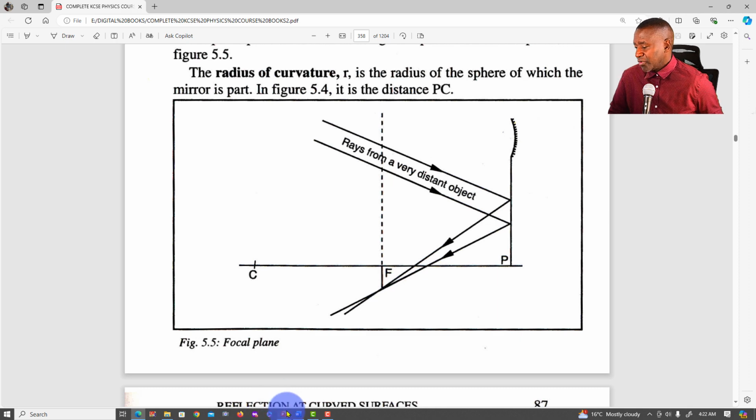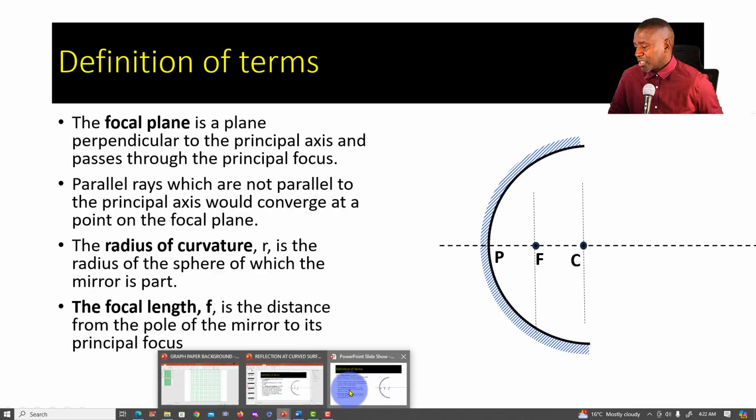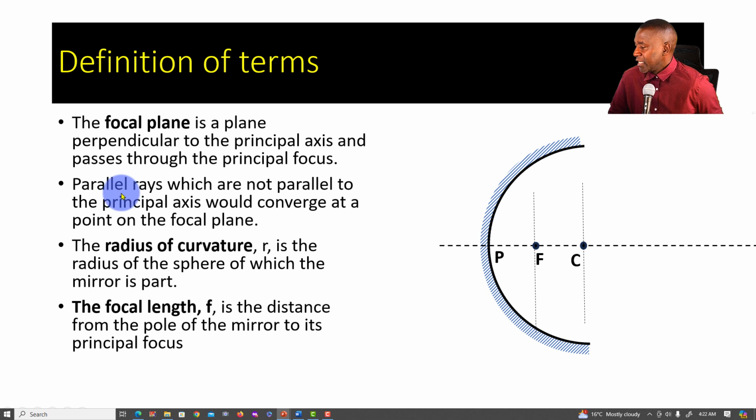Let's continue with our PowerPoint slides. So we have already seen these parallel rays which are not parallel to the principal axis would converge at a point on the focal plane. The radius of curvature, R, is the radius of the sphere of which the mirror is part. Remember, this one is part of a sphere, and that sphere had a radius from the center all the way to the surface here.